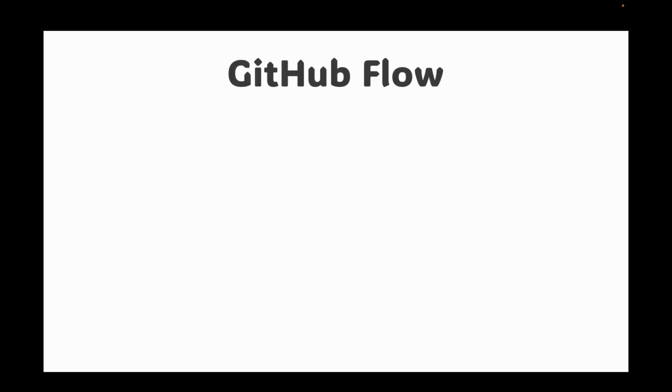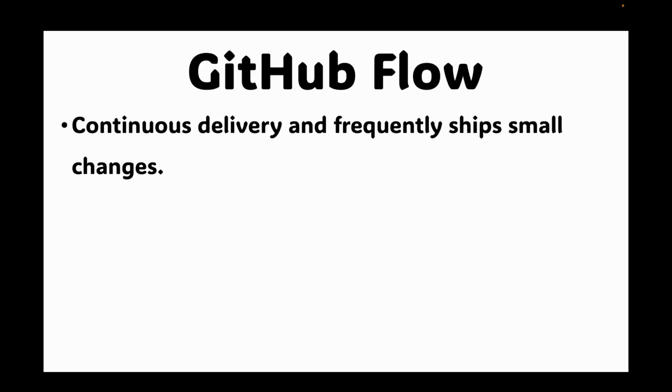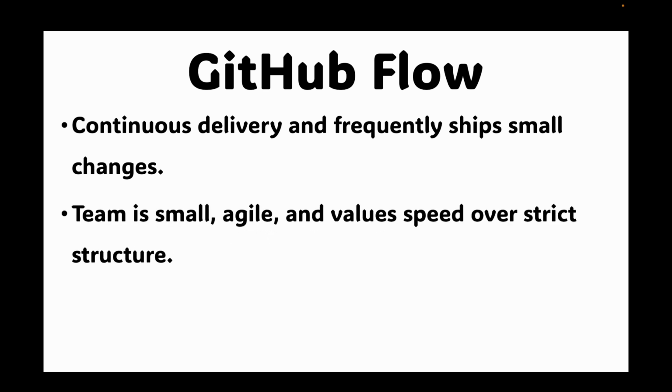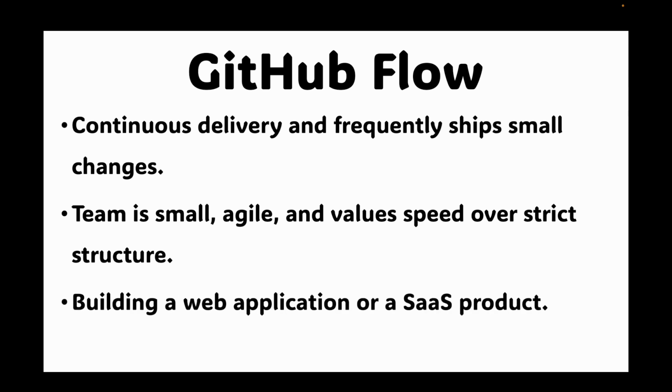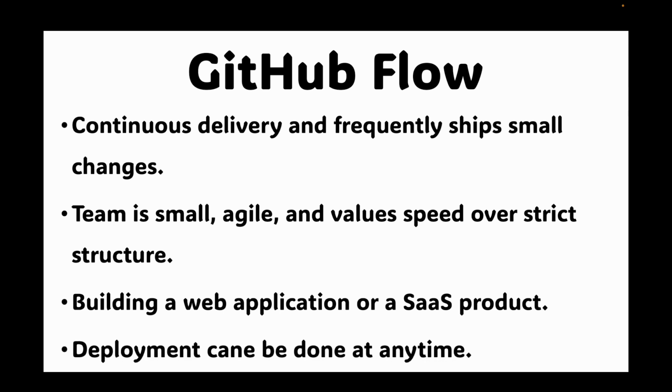You can choose GitHub Flow workflow if your project practices continuous delivery and you frequently ship small changes. Your team is small, agile, and values speed over structure. And when you're building a web application or a SaaS product where main can be deployed at any time, that's when you can go with your GitHub Flow workflow.